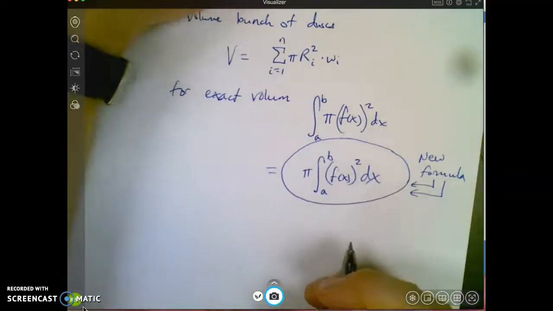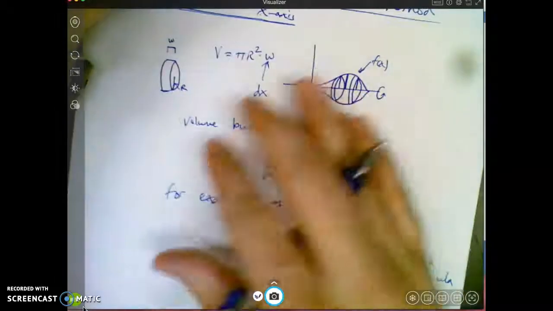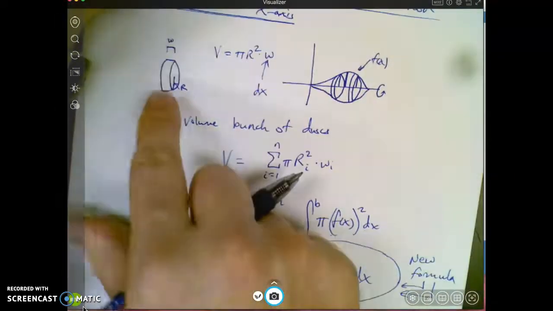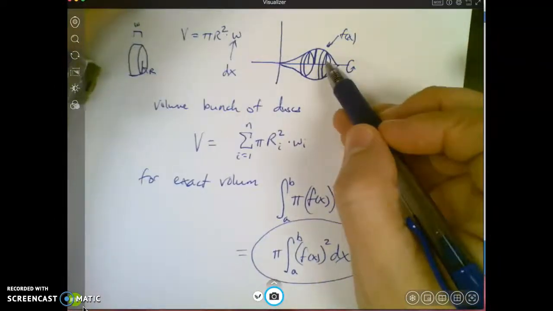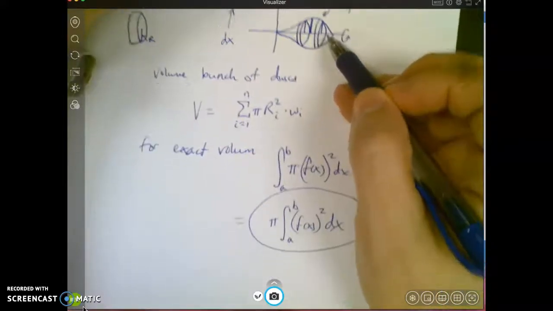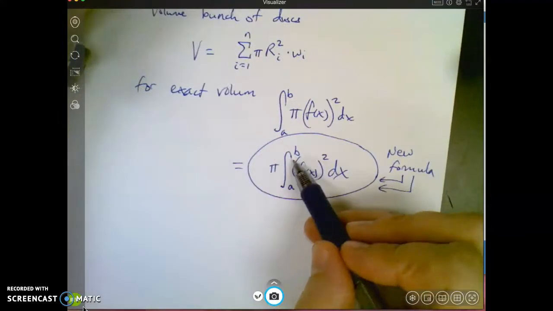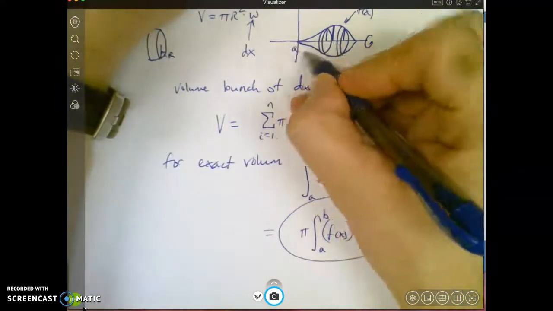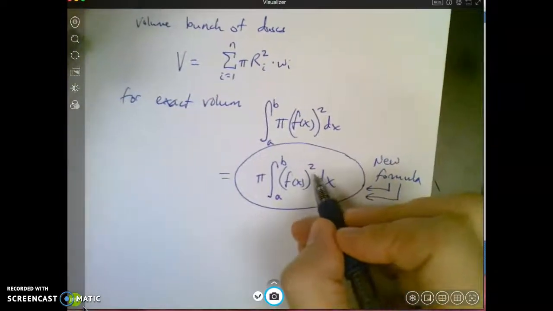It's going to get weirder in the future, but if you spin around the x-axis, you can kind of forget all this other stuff. It's adding up a bunch of disks, and if you want the exact volume of this weird ornament shape, it's kind of like a teardrop or a lemon drop, you do pi, the integral from a to b, that's the starting point a, the ending point b, of f of x squared dx.